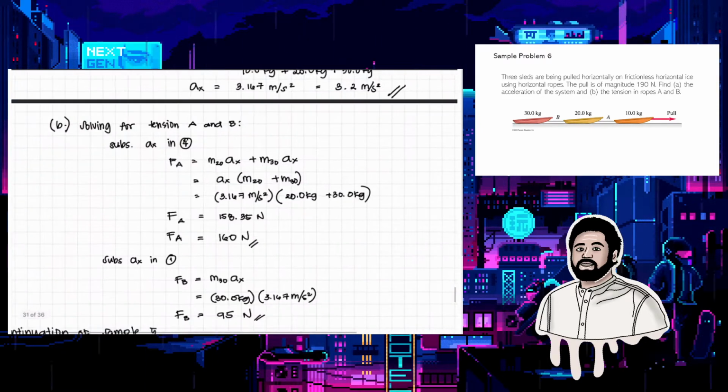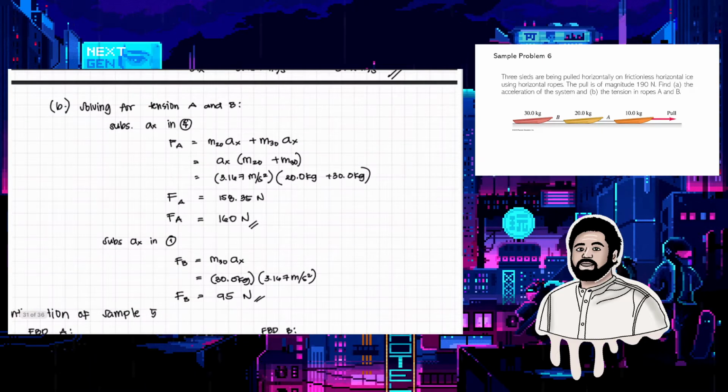So FA is equal to M20AX plus M30AX. Substituting AX, that is 3.167. I will round off at the last part. That's the answer, 160 newtons. Next is my FB.